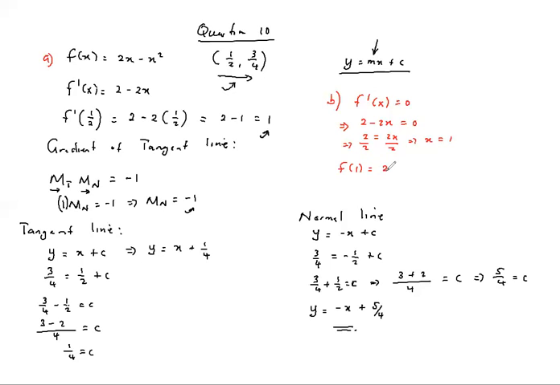So you have 2 minus 1, which is 1. So the point you're looking for is (1, 1). So at (1, 1), the tangent line there will be parallel to the x-axis. That's what it means. Whenever the gradient is 0, then you have a parallel line.